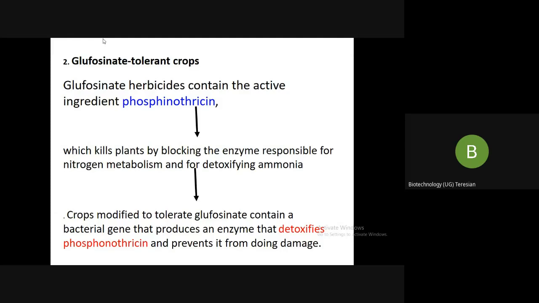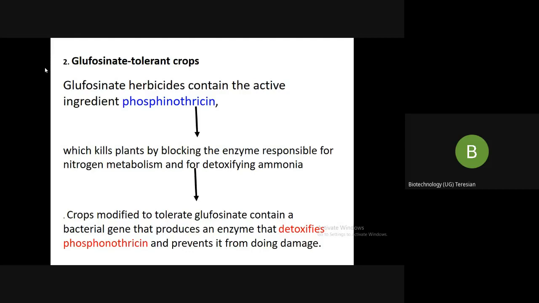How does it kill? It kills the plant by blocking the enzymes responsible for nitrogen metabolism, for detoxifying the ammonia. So what happens? The toxins build up and kill the plant. So this plant is also being modified.